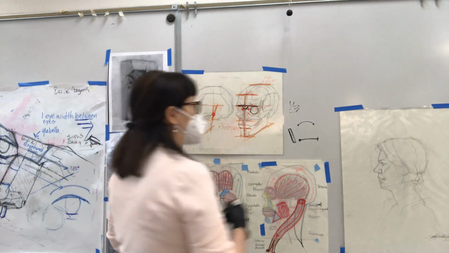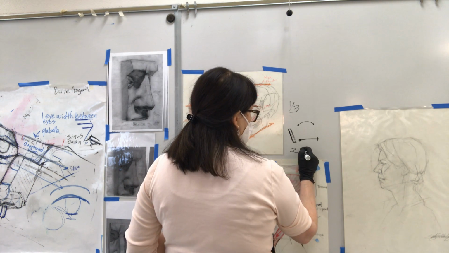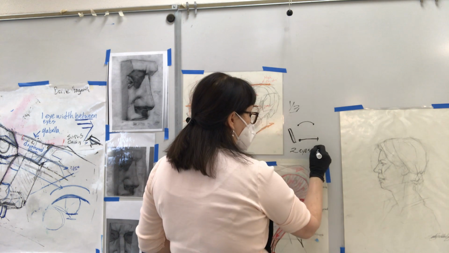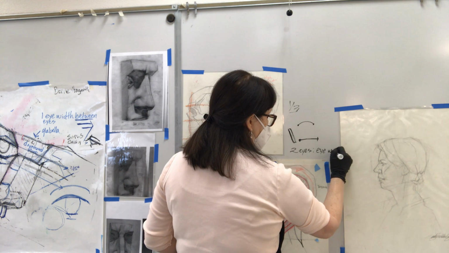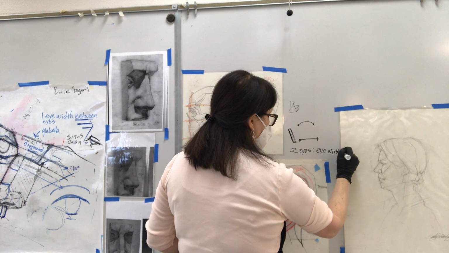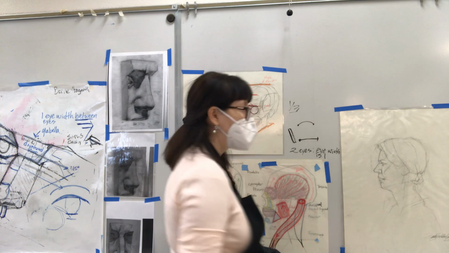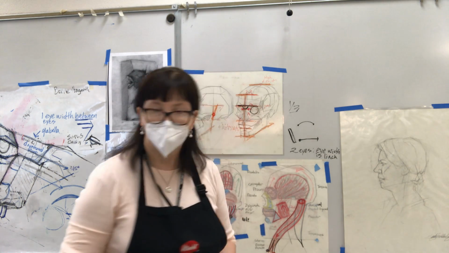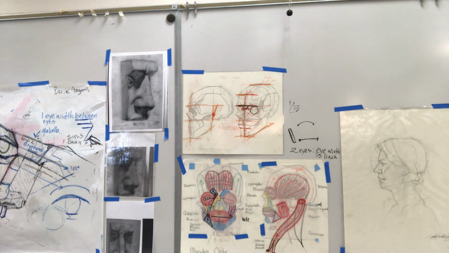The average length of a male and female nose is 2 eyes long, which an eye width is 1 inch. Okay, so in essence, the length of the nose is about 2 inches long.